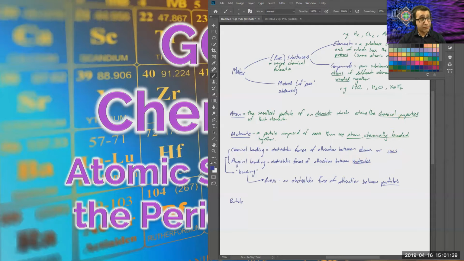And so there is a difference. I'm going to use a slightly different color here to make this point. The strength of chemical bonds is much, much greater than the strength of physical bonds. Much stronger. So chemical bonds are much stronger than physical bonds.